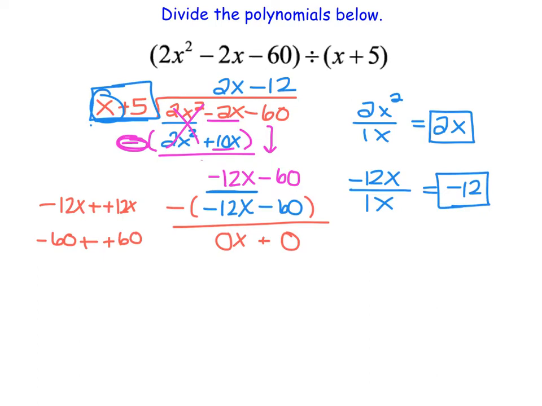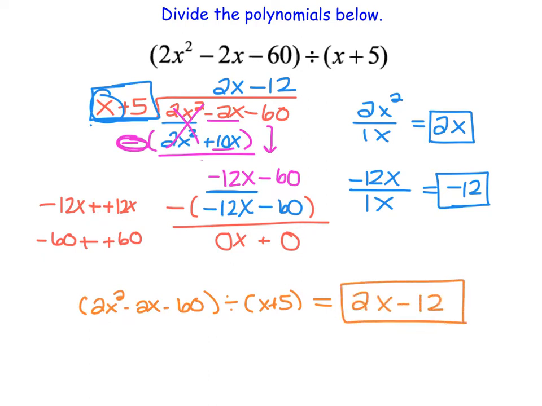And here we can see that 2x squared minus 2x minus 60 divided by x plus 5 results in the polynomial 2x minus 12. So that is our final answer.